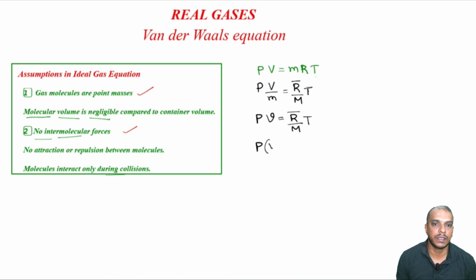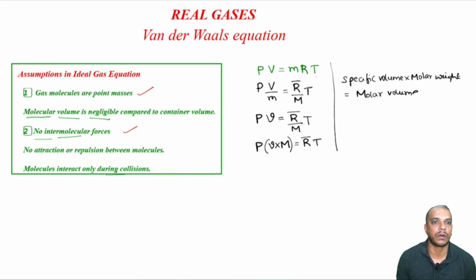So let me send this molecular weight over, and then we'll have R bar T. This specific volume multiplied by molar weight is called the molar volume.